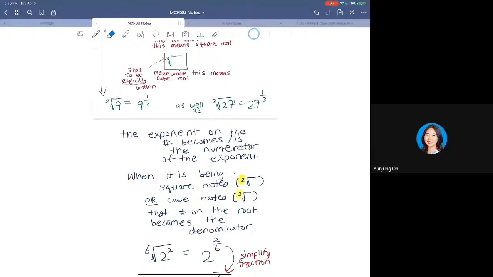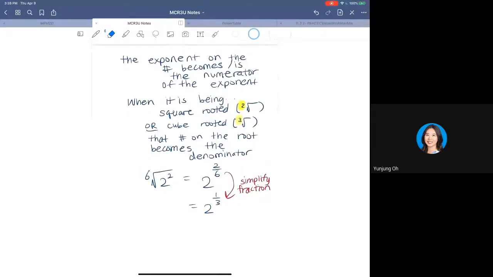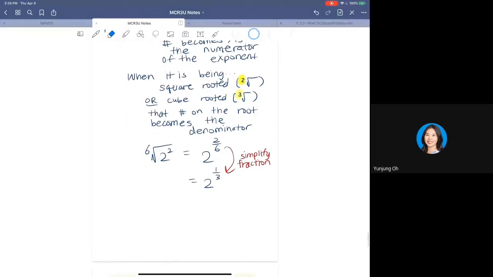The exponent on the number becomes the numerator of the exponent, and when it is being square rooted or cube rooted, the number on the root becomes the denominator. So when you have the 6th root of 2 squared, it's more helpful to think of it as 2 to the exponent 2 over 6. That way you can simplify the fraction involved in the exponent.